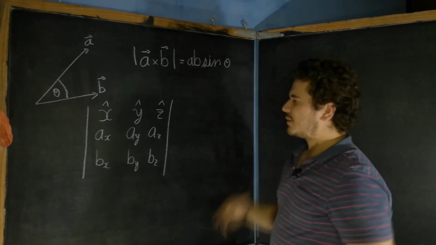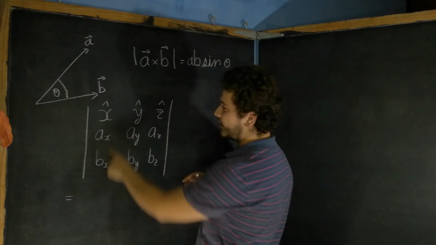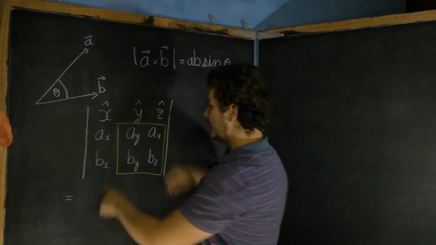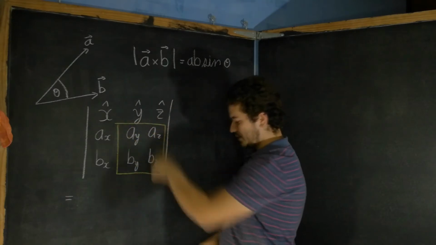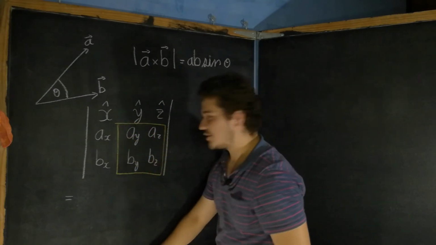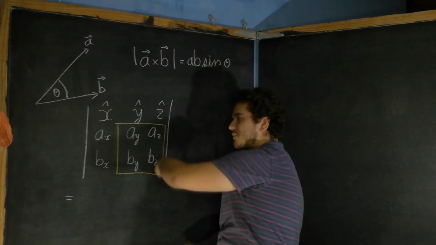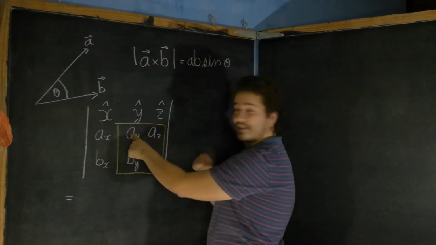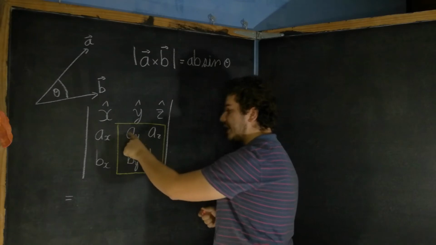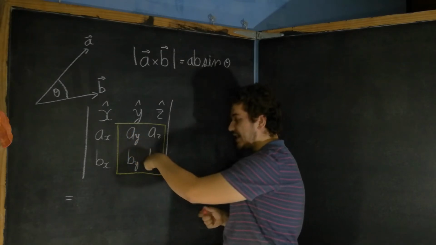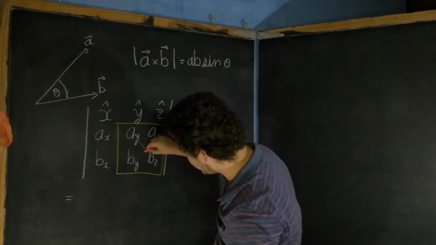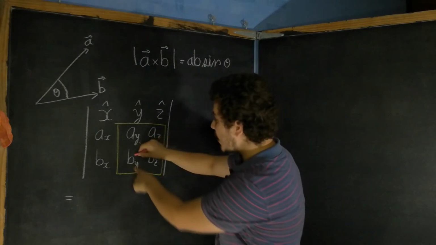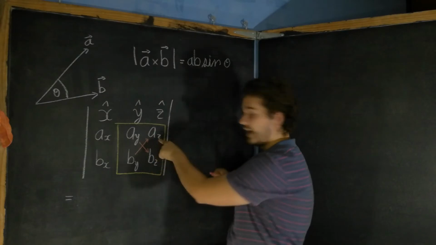Maybe you don't remember, so I'm going to make a quick example. In the x direction, you just cross these two out and you'll have this little matrix. In this direction is positive and in this direction is negative. So you make the following multiplication: ay times az, so this is positive, minus the negative, by times az.